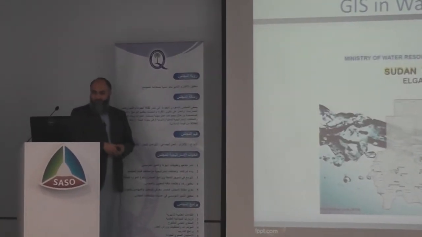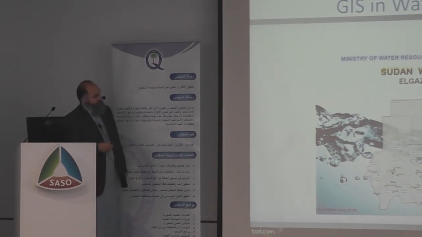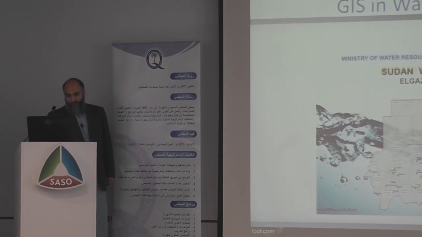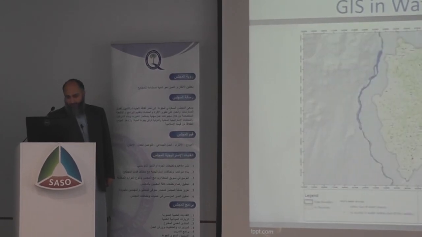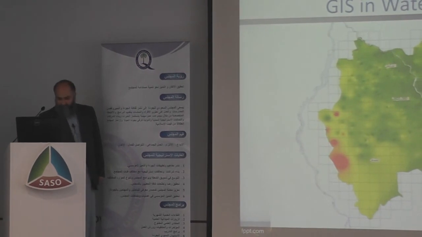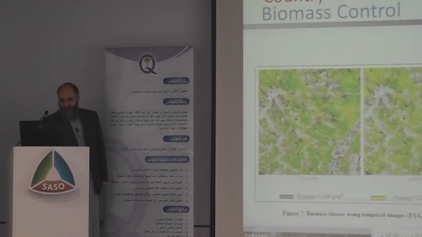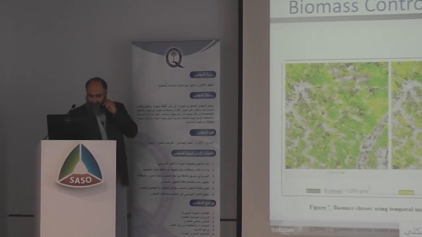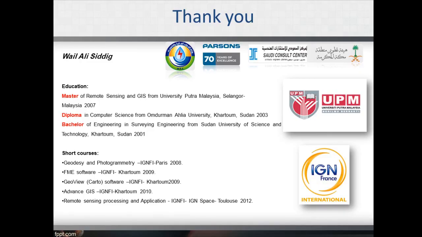He also did another study for the Sudan Water Atlas by using geographical information systems for water quality. This is the image from the GIS technology. This is in other countries used for biomass control in agriculture.